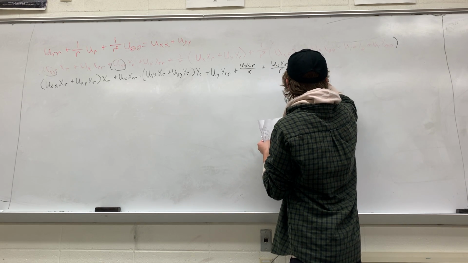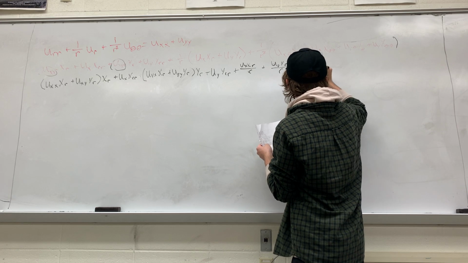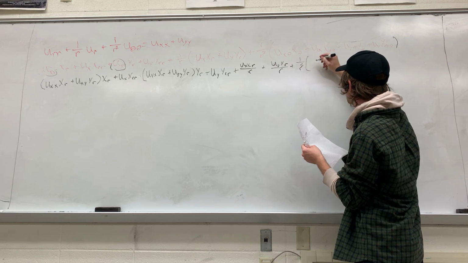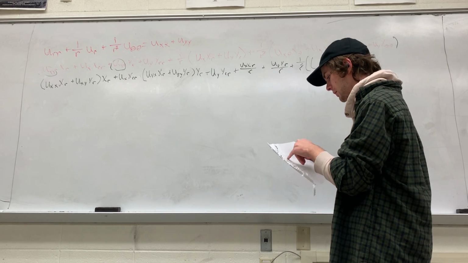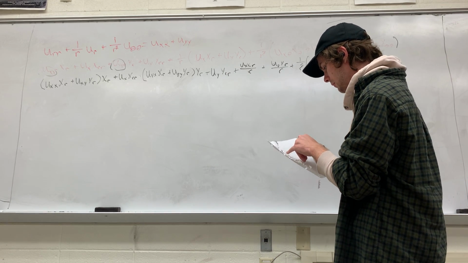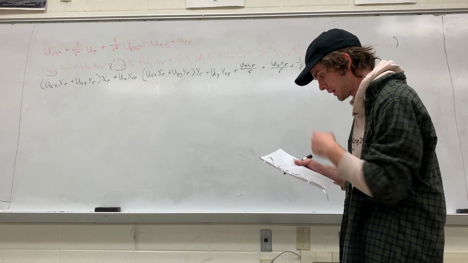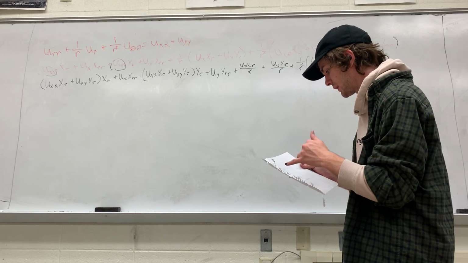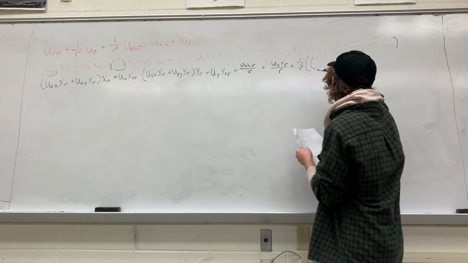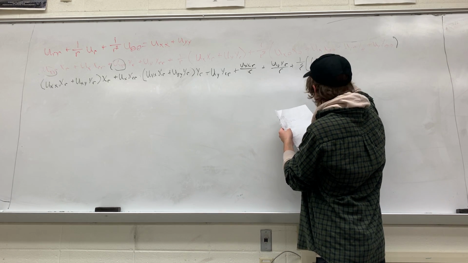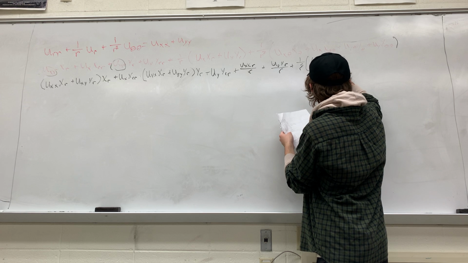Then I have the 1 over r squared of U_x theta, which similarly over there I have the equation for the derivative, where U_x theta is equal to U_xx times x theta plus U_xy y theta. So I can just substitute that in real quick.